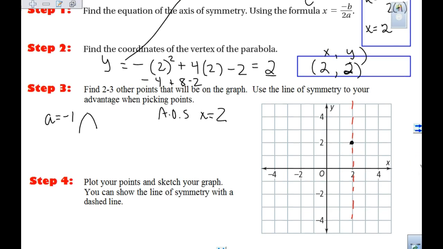Next thing it says, pick 2 or 3 points that will be used on the graph. Use the line of symmetry to your advantage when picking points, meaning you do not want to pick negative 2, negative 1, 0, 1, and 2, right? You want to pick points around the axis of symmetry, around the x, that vertex. So when you put your x, y points, I'm always going to put my vertex in the middle.